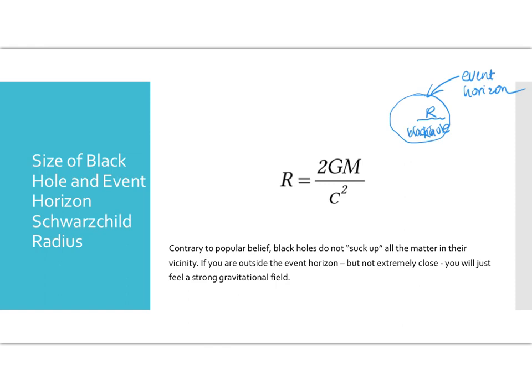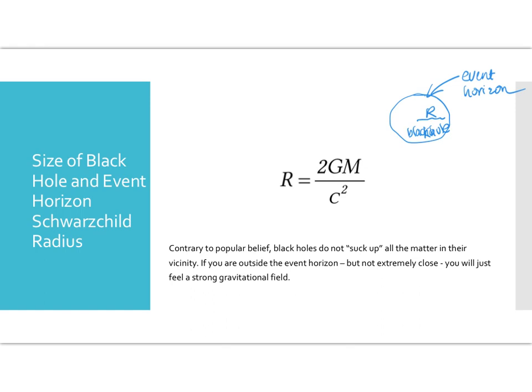You have an object that had a mass, say 3 times the mass of the sun, which collapsed into literally a point of 0 diameter. It has an infinite density. Doesn't really make any sense. But that's what we're talking about with black holes.